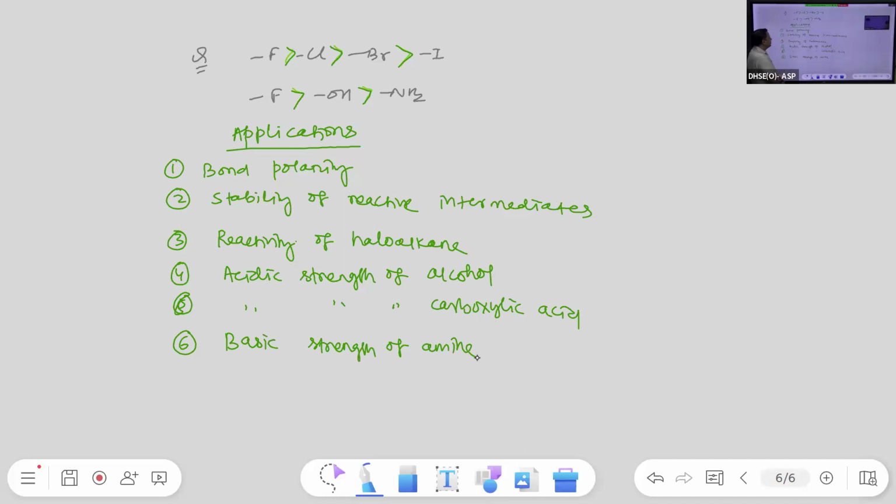Basic strength of amine. Then quickly note down. Later we will discuss these one by one. Note down quickly.